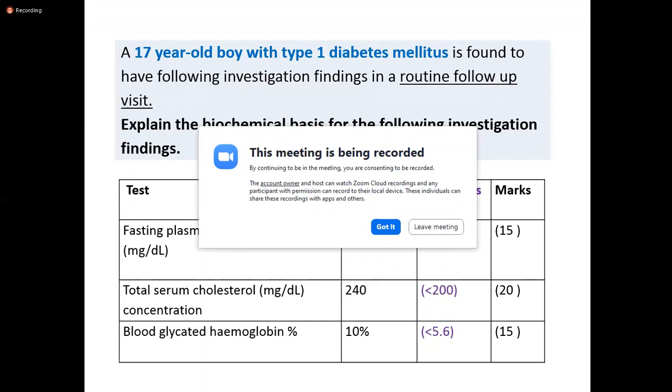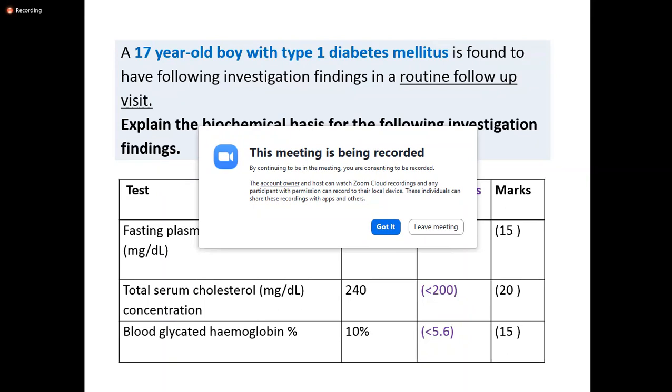He has come for a routine follow-up visit to the clinic, not in an emergency situation. When you investigate the patient, you see these changes in his biochemical tests. Explain the biochemical basis for the following investigation findings.